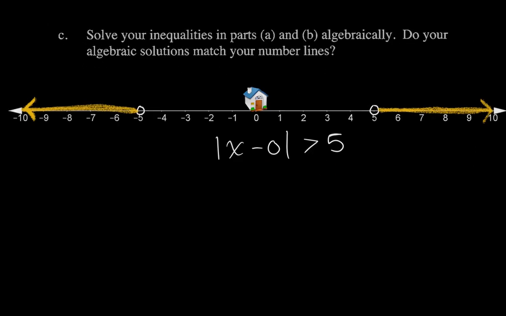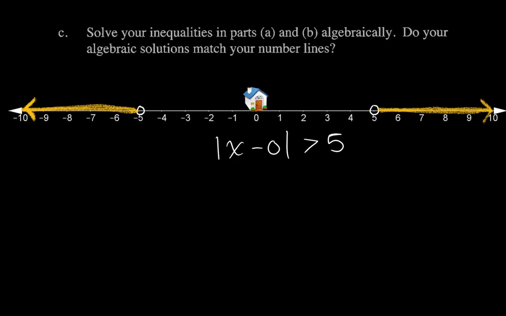So C says solve your inequalities in parts A and B algebraically. Do your algebraic solutions match your number lines? So let's do the A first. So on the A, we've got this, the absolute value of x minus 0 is more than 5.